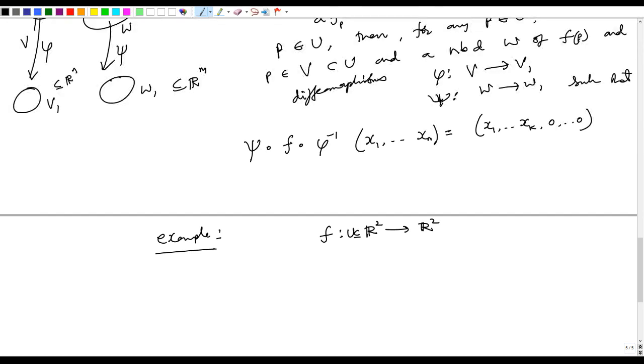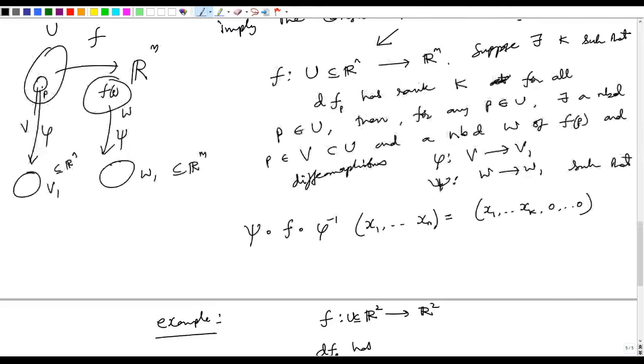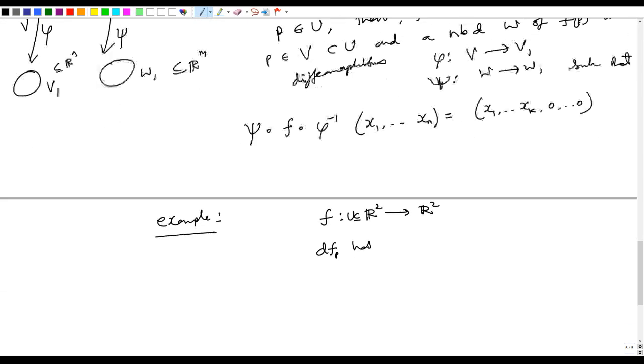And let's assume that dfp has rank, oops, I sort of used my new notation, the manifold notation for derivative, but take that up later. So let me finish this.